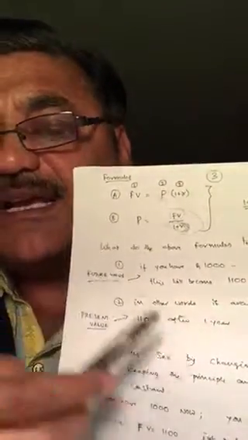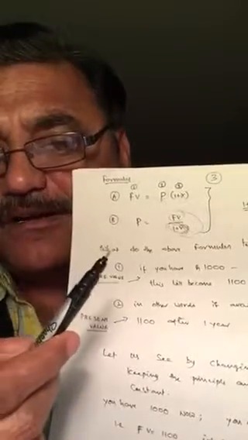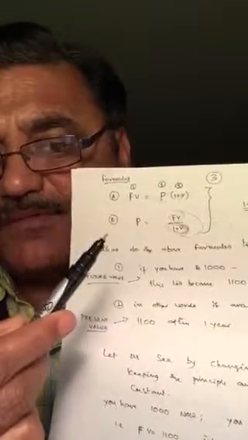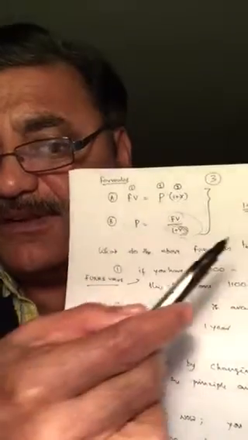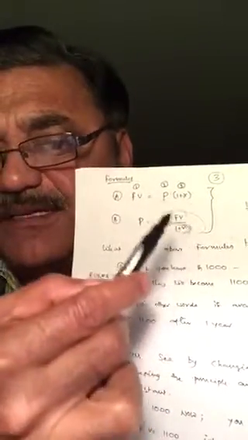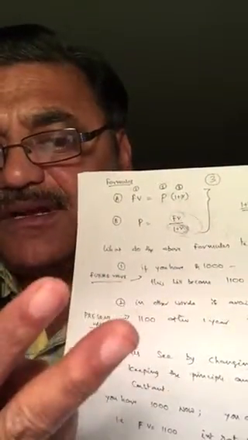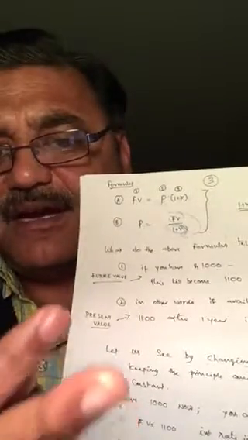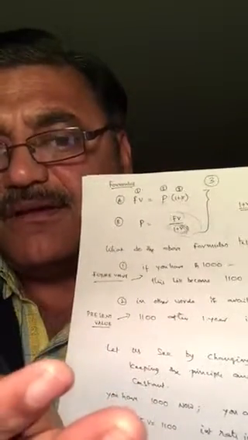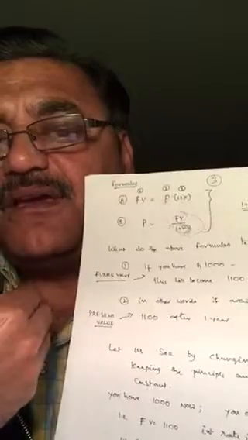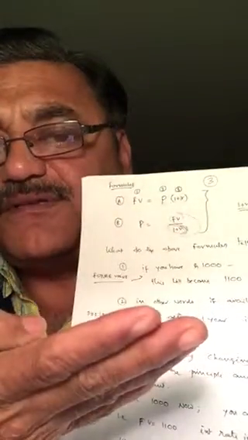That means you are getting an extra 127 rupees more, isn't it? You have two options now. Either you can invest in a bank and get 1331, or you can give me and get 1500 rupees.